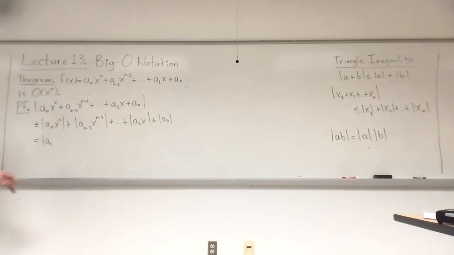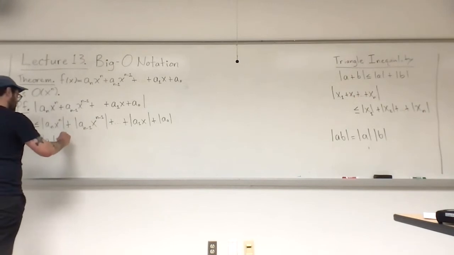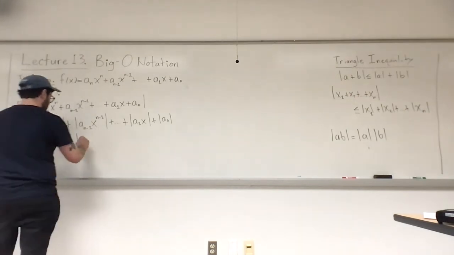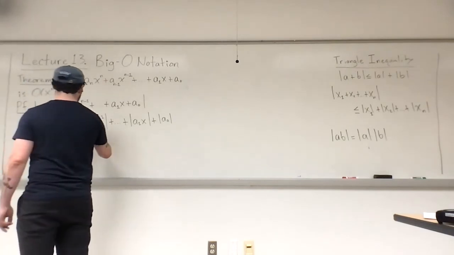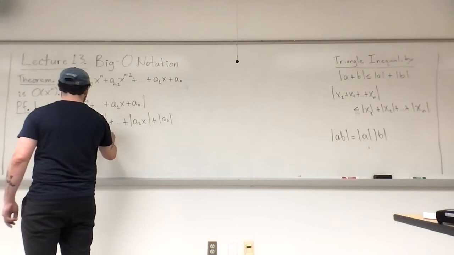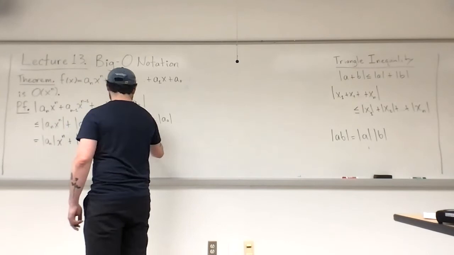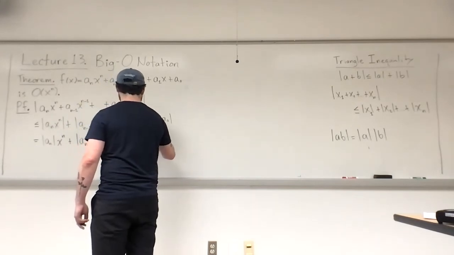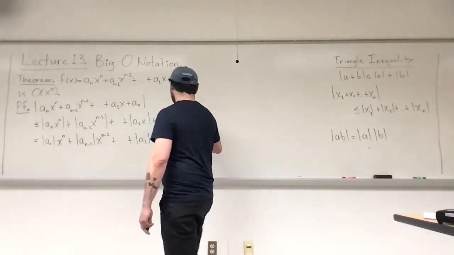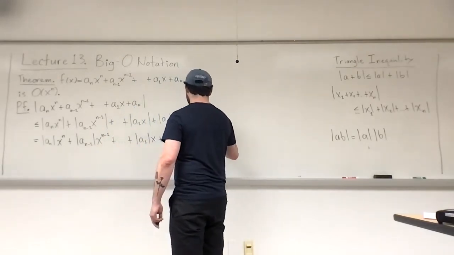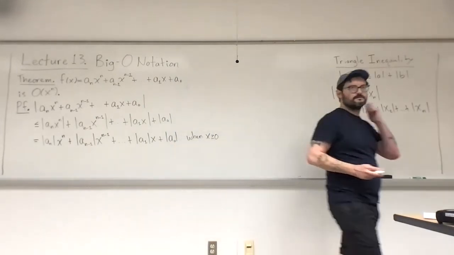So I can just drop all of those out, right? I have to keep the absolute values with the coefficients, though, because I don't know if those are positive or negative. So this is when x is greater than or equal to 0. I can drop the absolute values on all those x's.